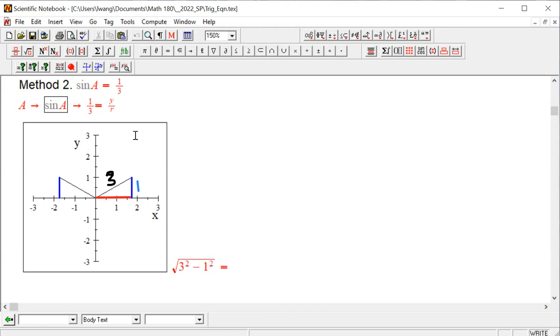So it equals the square root of 8, and that's 2 times the square root of 2. So the red is equal to 2 times the square root of 2. So now I can draw the picture better, because I know both the blue and the red.